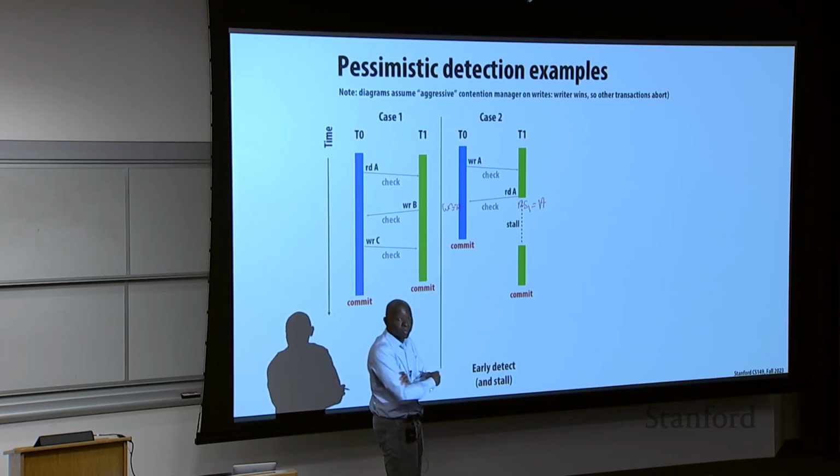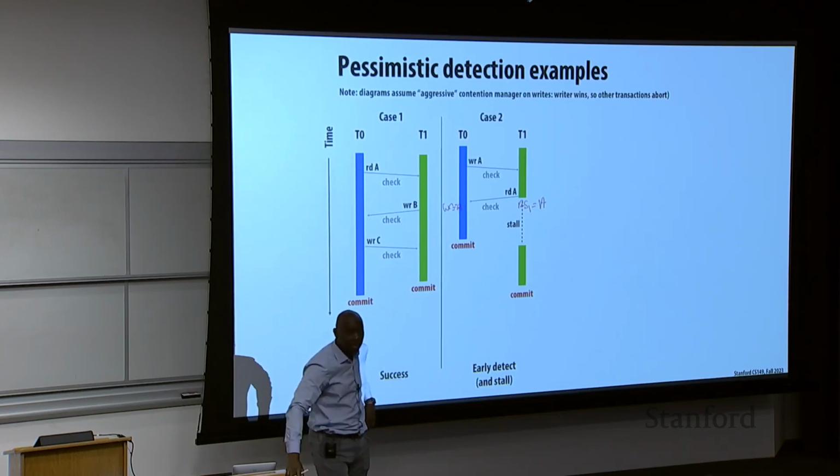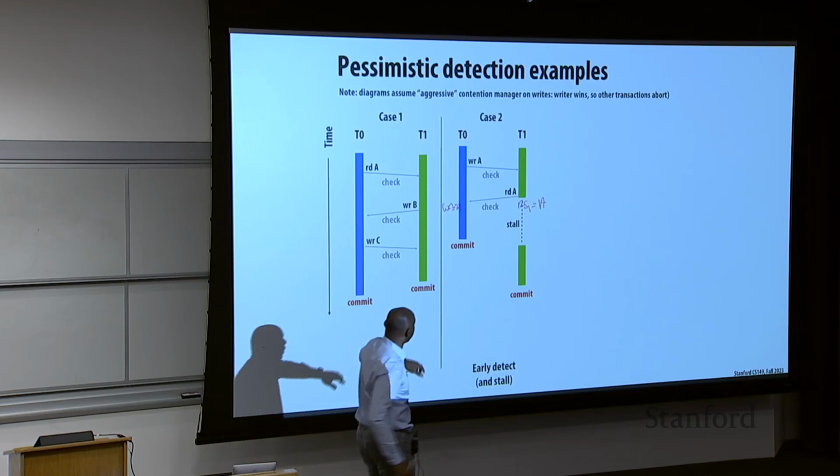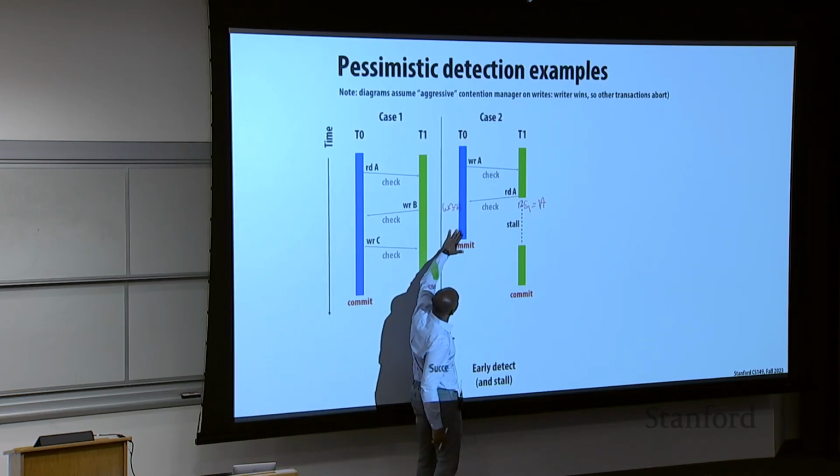But what if you had done a read of B in T1 before, and then that gets written to after you've stalled? So when you resume T1, you have multiple conflicts. You're saying that later transaction 0 wrote B?